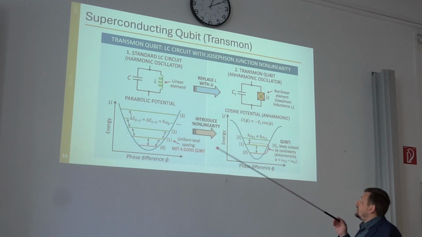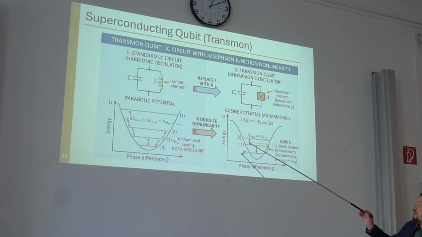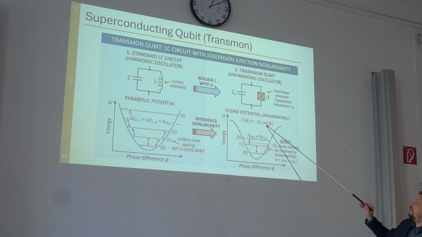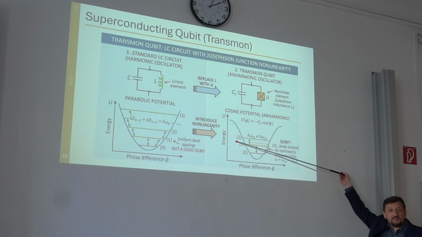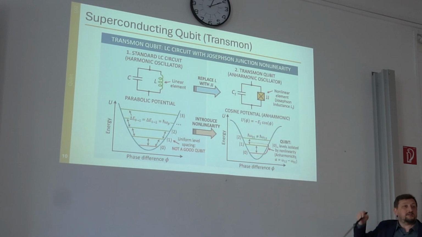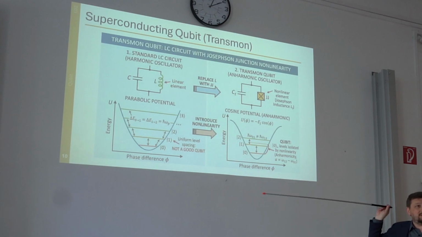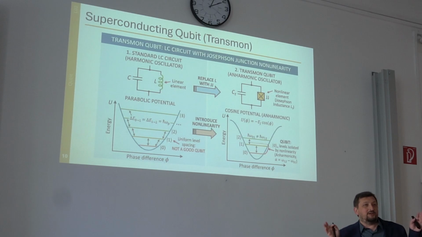If you do the math, you can calculate the effective energy potential, and it will have the form of a cosine function. So now we have a strongly anharmonic oscillator, and energy levels are not equidistant, and we use it as a qubit. This is how superconducting qubits work. There is nothing more than just a nonlinear LC circuit, that's all.